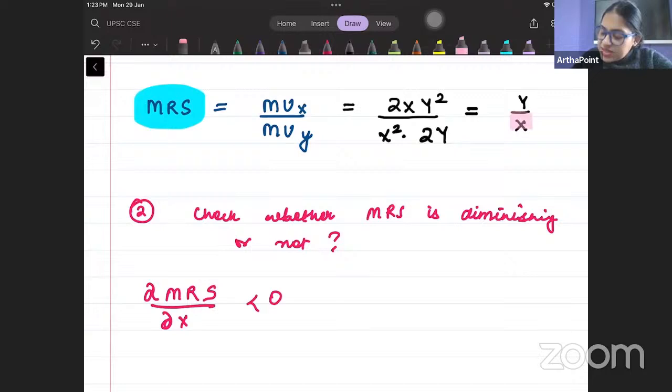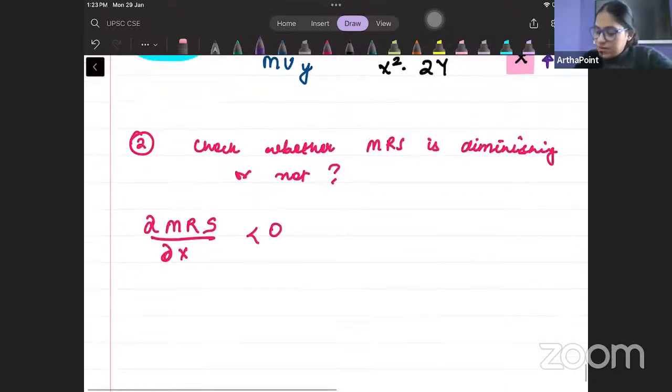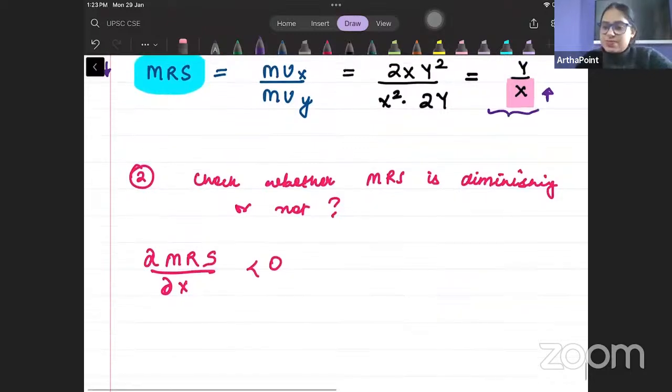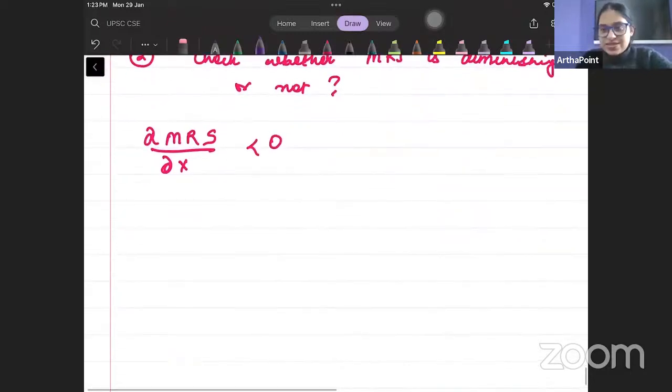एक और तरीका है समझने का. See that x is coming in the denominator. So as your x will increase, your MRS will decrease. जैसे जैसे x बढ़ेगा MRS गिर जाए. That is also another proof for it. So what can we say beta? Let's differentiate this with respect to x. तो x देखो y is a constant और 1 by x का differentiation होता है -1 by x square.